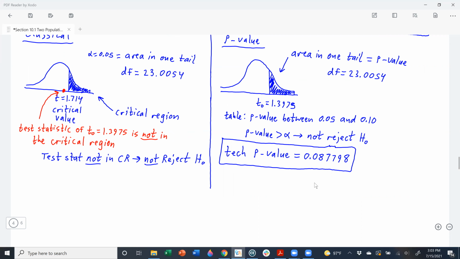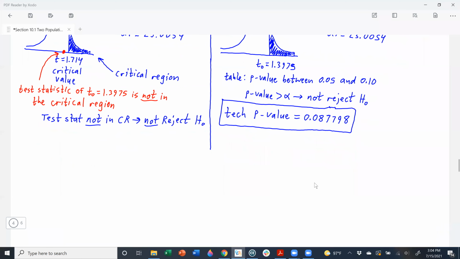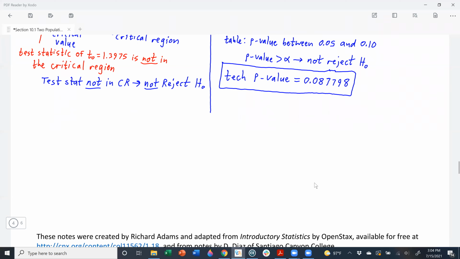Okay, so let's write our conclusion, and then I will show you the full hypothesis test version that does a lot of this for us. Okay, so the conclusion here.